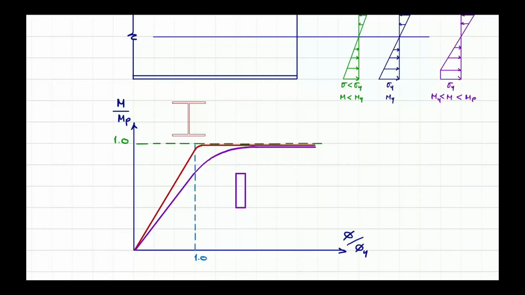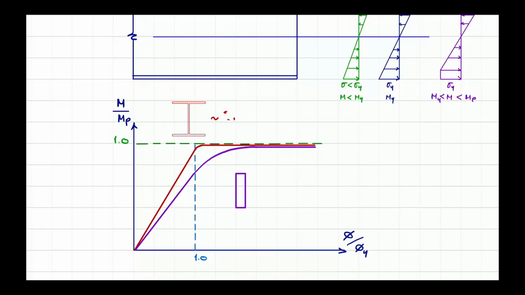The behavior of the wide flange cross section is pretty much like bilinear behavior. It can be simplified.